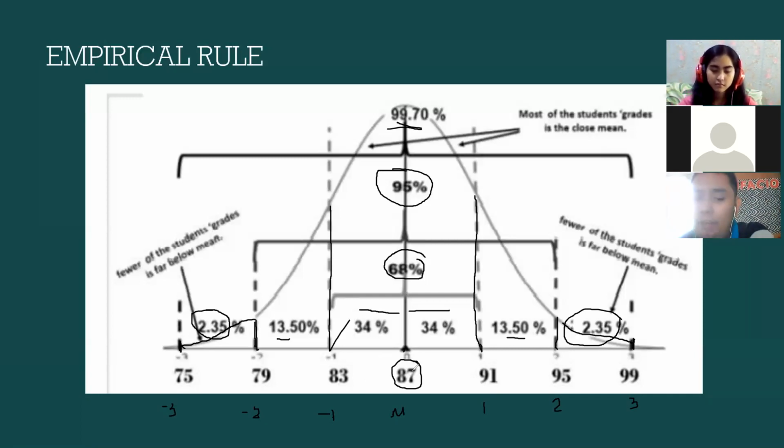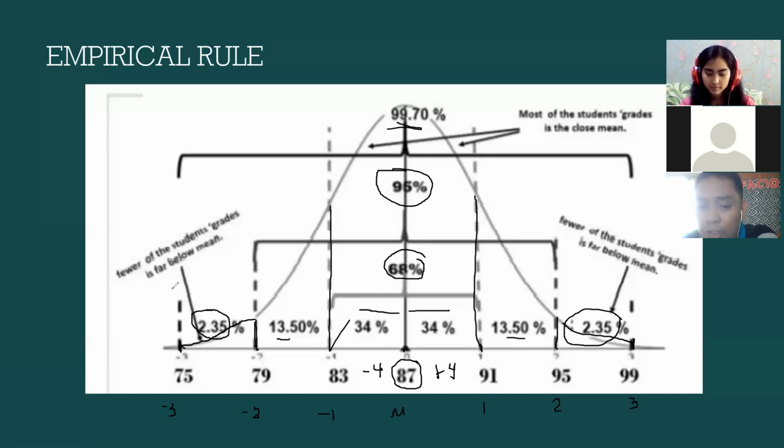Binigyan kayo ng standard deviation ng 4. Ibig sabihin, sa unang paglayo mo sa center, that's plus 4 at minus 4. So 87 plus 4, that's 91. At 87 minus 4 is 83.